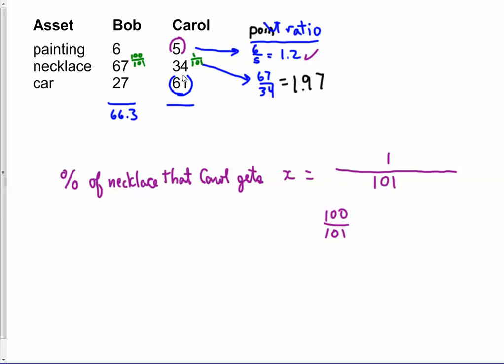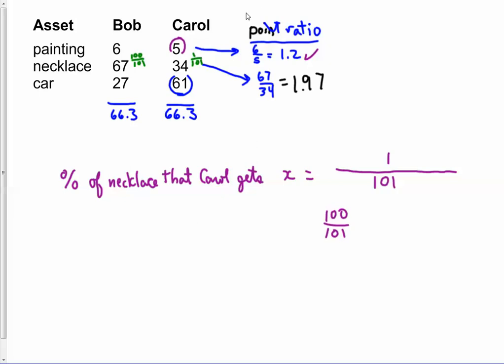And now for Carol, she is getting 5 plus 61 plus, and she's getting just a tiny share of the necklace, 1 over 101 times the 34 points that she thinks the necklace is worth. And I get exactly the same number, 66.3. Okay. So now they both believe they're getting 66.3 points worth of stuff. Yeah, so that's the answer.